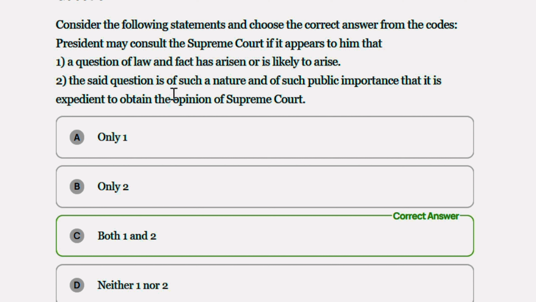The said question is of such a nature and of such public importance that it is expedient to obtain the opinion of the Supreme Court. Answer is both 1 and 2. Correct.